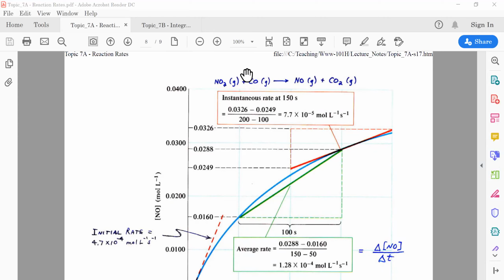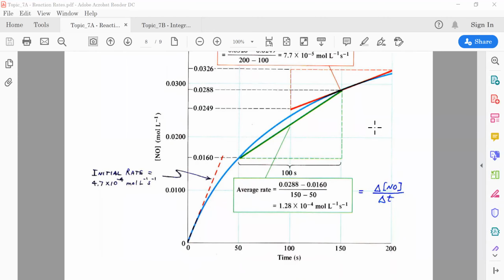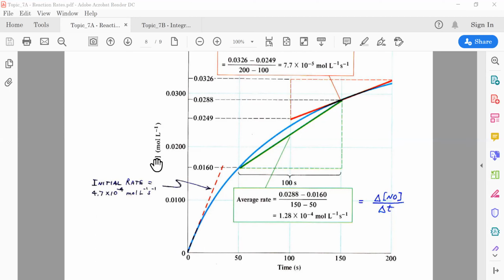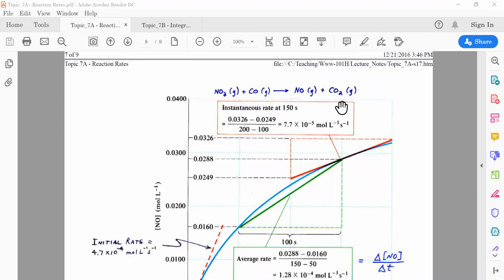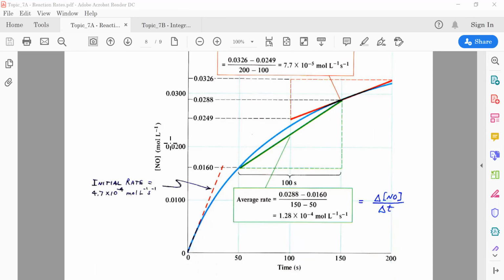So the stoichiometry is 1 to 1 to 1 to 1 all the way across. So in this case, the concentration of the NO, it could also be the concentration of the CO2 because they're in a 1 to 1 ratio here, in moles per liter, is shown by this blue curve, right? And of course, as a product, it's increasing with time, as we've seen for the other two reactions we looked at.